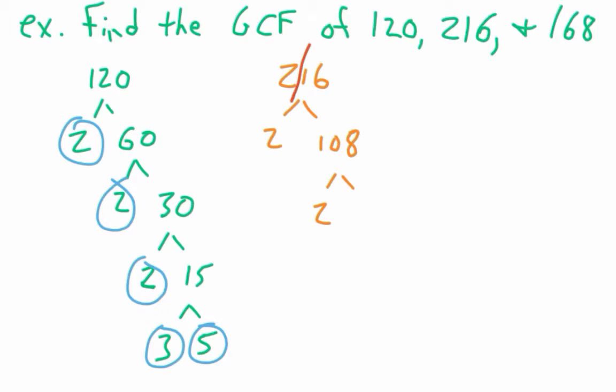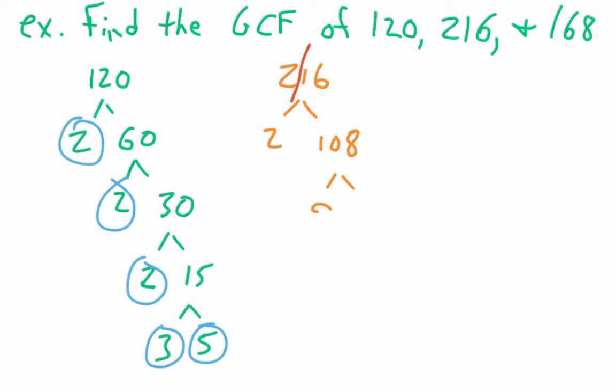9 times 11? No. 9 times 12. Actually, it is 9 times 11. It can't be 9 times 11. Oh, yeah, 99. Bummer. So you could say 9 times 12. Should I do a 2 and 54 or 9 and 12? 9 and 12 is easy.